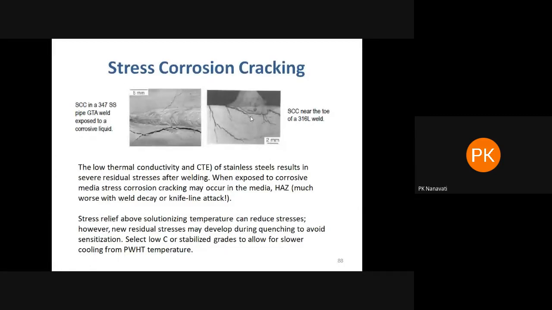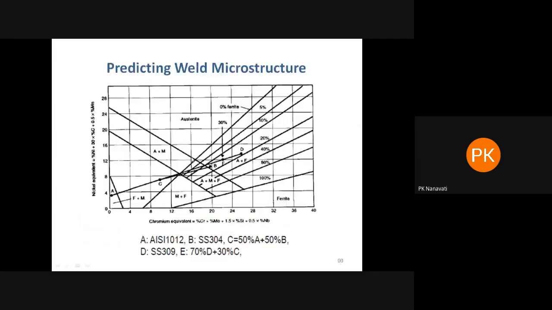Like if you use the austenitic stainless steel in a saline application, for shipbuilding work, or in industries where the exposure is to chloride or sulfide, right? Your stress corrosion crack will form.